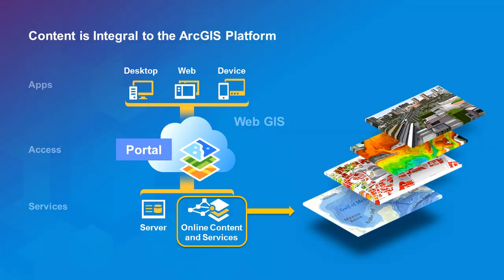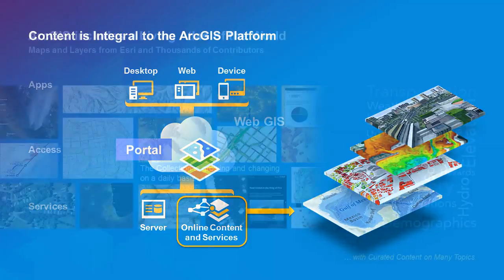And that content is coming from a set of online services that we make available. And so our team is primarily the ones responsible for publishing that content from Esri. But we're also beginning to supplement that with other online content from other organizations that's available through the Living Atlas.